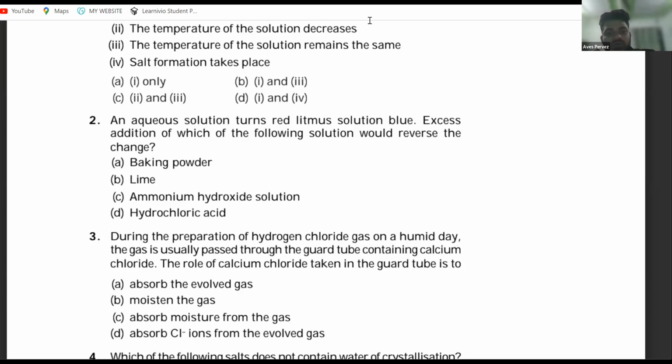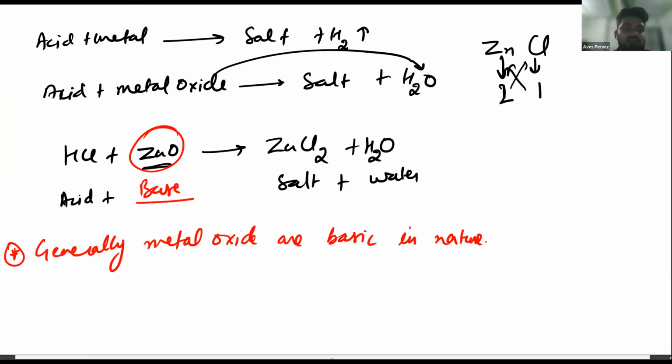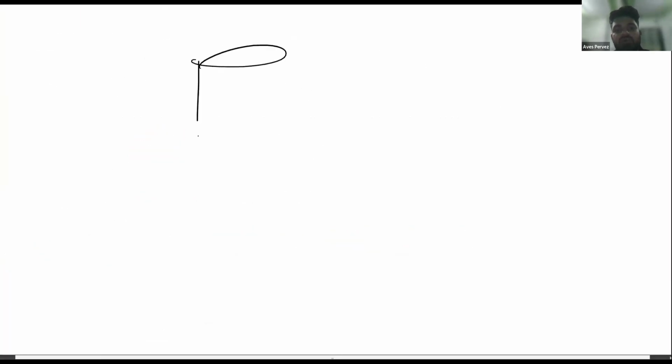Hydrochloric acid. An aqueous solution can convert red litmus to blue, so it means this solution is basic in nature.